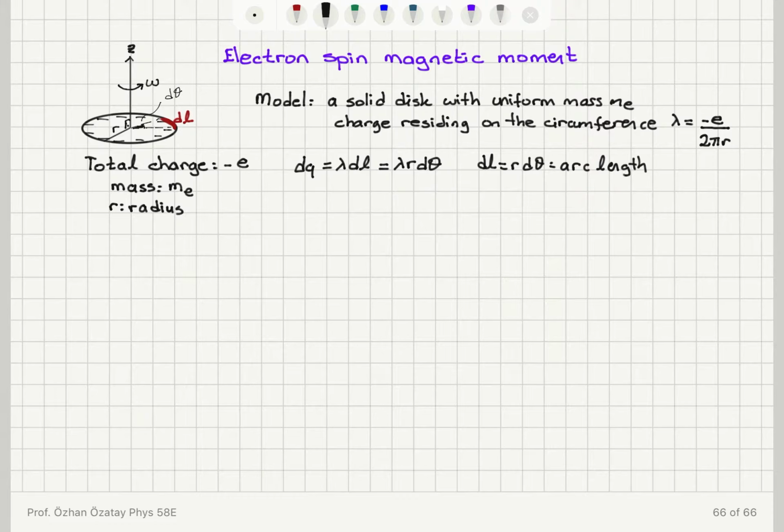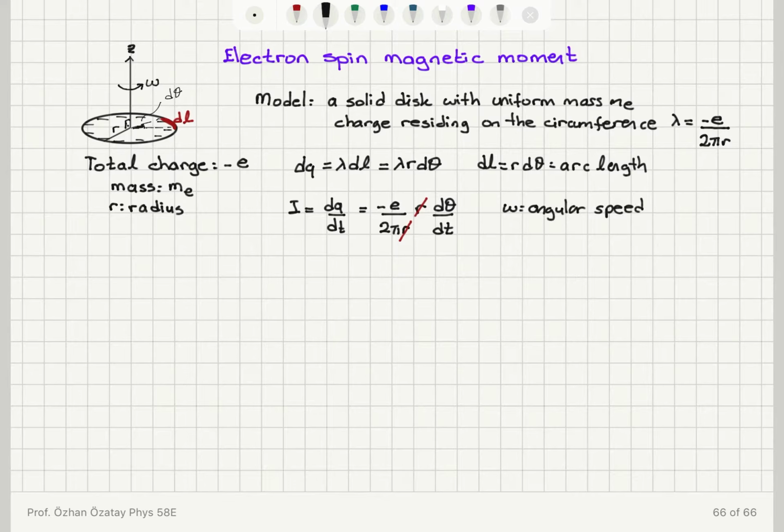Okay, so the current that is going to flow is dq dt. So it's going to be equal to the charge density, minus e over 2 pi r, times r times d theta dt. So these r's will cancel, and d theta dt is the angular speed, omega.